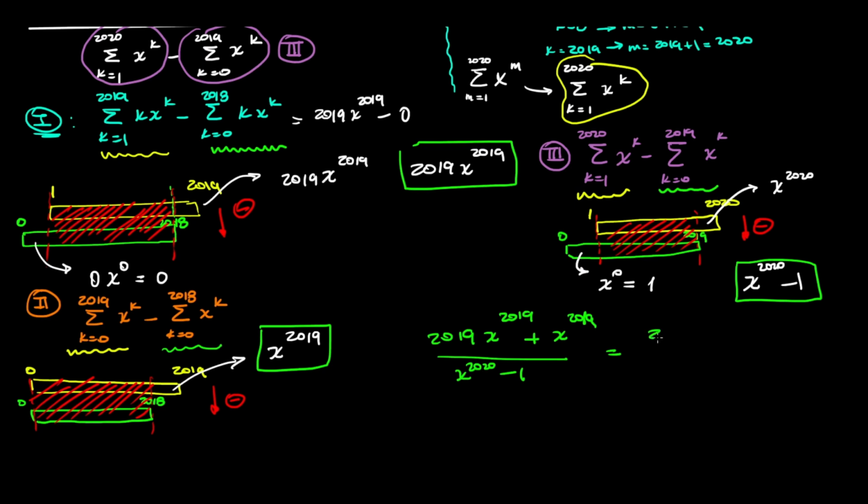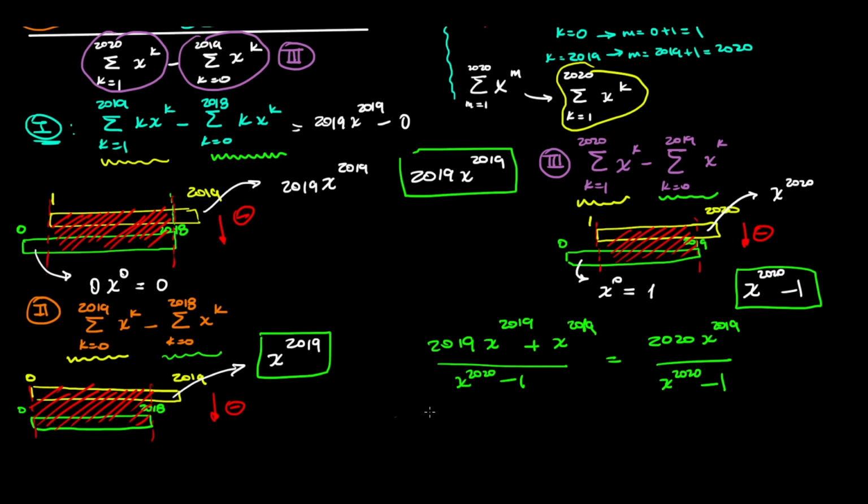And this would be 2020 x to the 2019 over x to the 2020 minus 1. So now we have to use the integral sign here. That'll be the integral of 2020 x to the 2019 over x to the 2020 minus 1 dx.